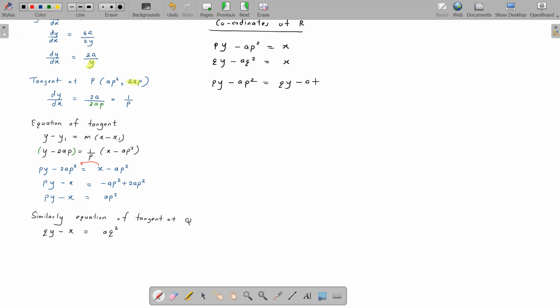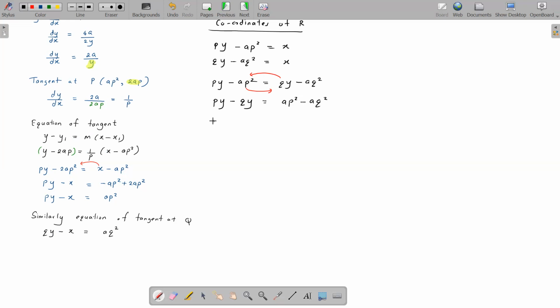What I did here is, once again, I made x the subject in both equations, taking x to the other side, taking ap square here. Same with here, taking x to the other side, taking aq square here. You understand? Since x is the subject, I just equated the two. Now I make y the subject. I'll take the y terms to one side, py minus qy, and take the ap square here, I get AP square minus AQ square.